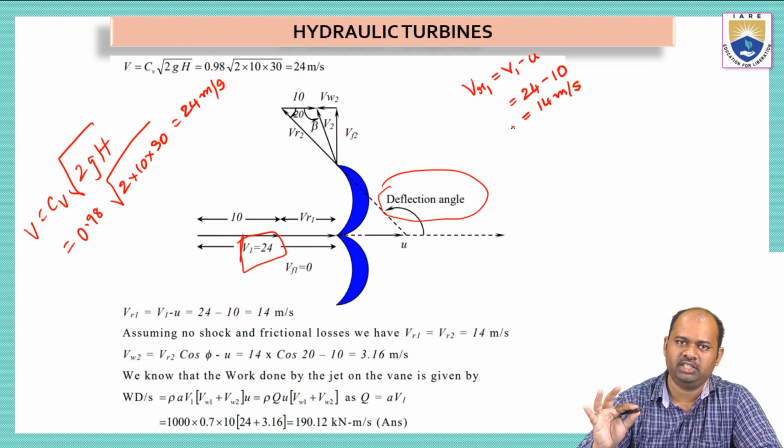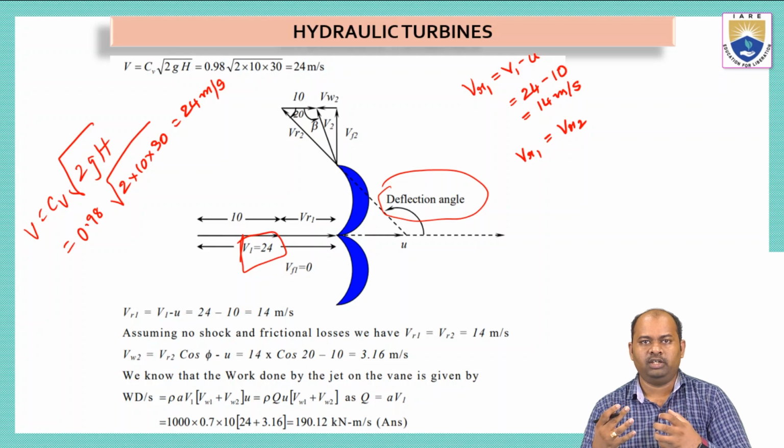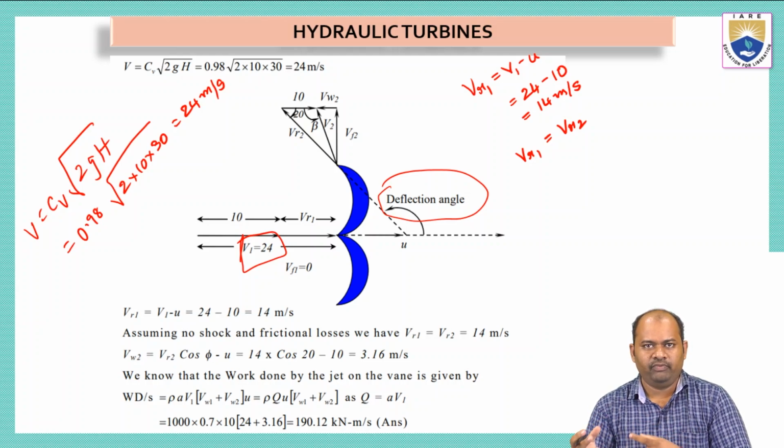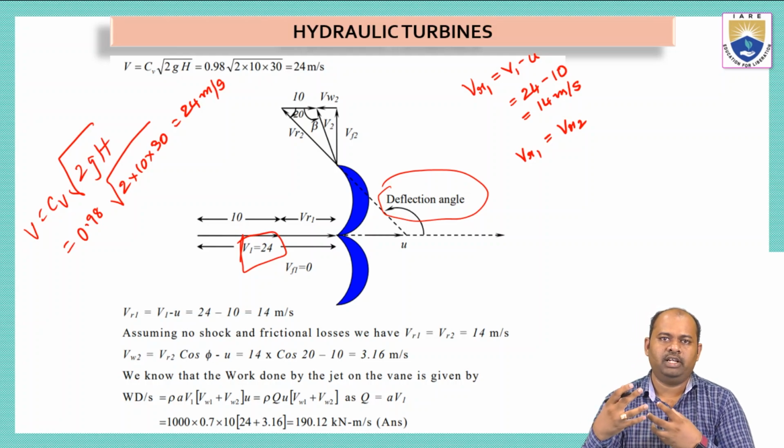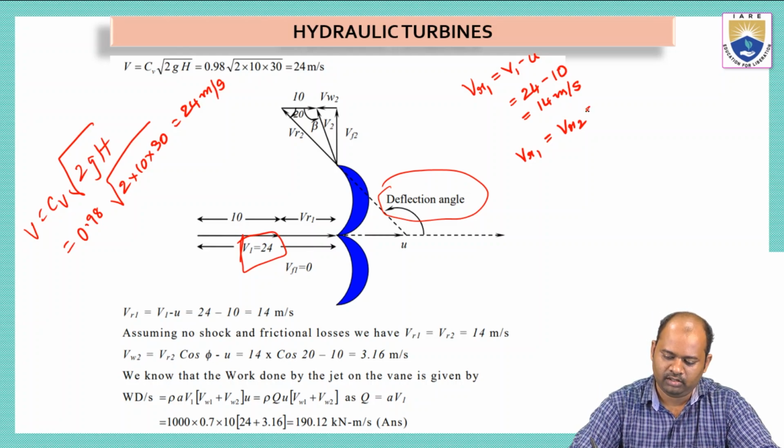That means there is no friction on the surface of the vane. So that is why we will take VR1 equal to VR2. That means the relative velocity of the water before entering the vane is equal to after leaving the vane. So it is taken as 14 meters per second.